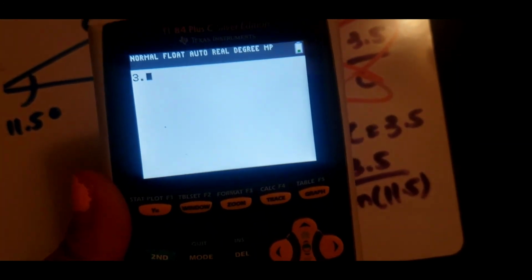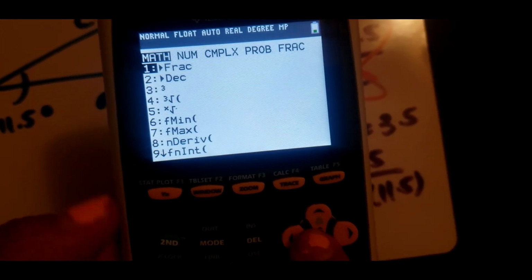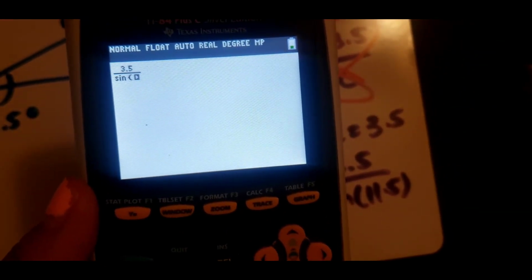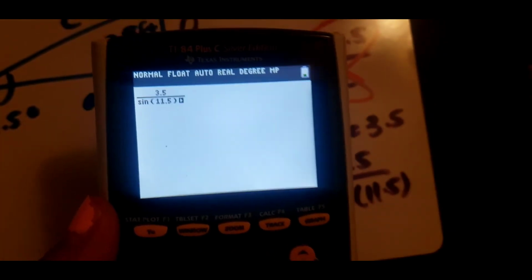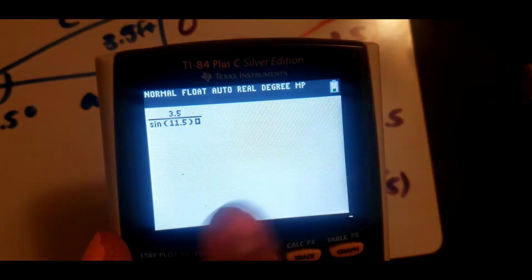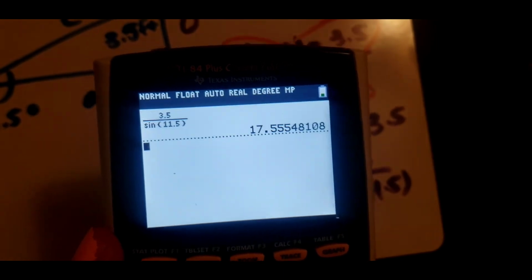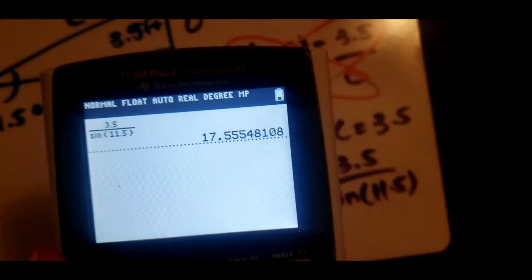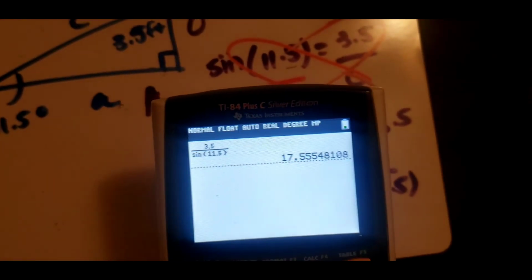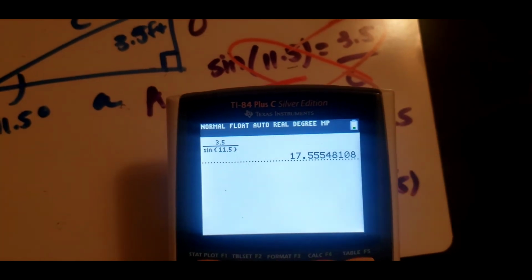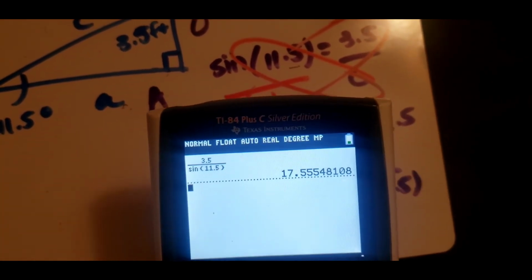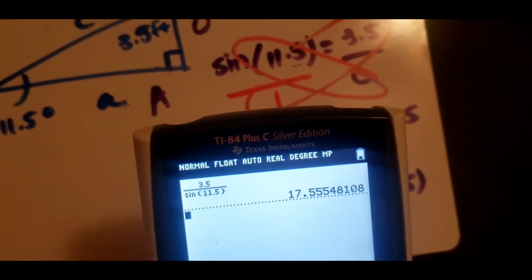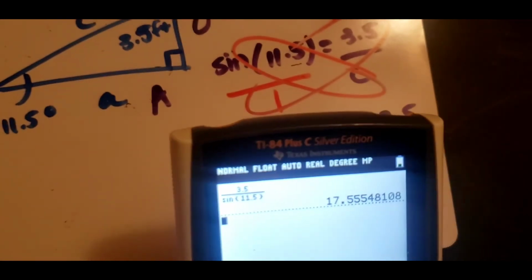So let me clear that. You know what? I'm going to use the fraction. Okay, so 3.5 over sine of 11.5. And by the way, notice it's still in degrees. I haven't changed it. Okay, so again, this is going to be an approximation, but I would say C is approximately 17.6.